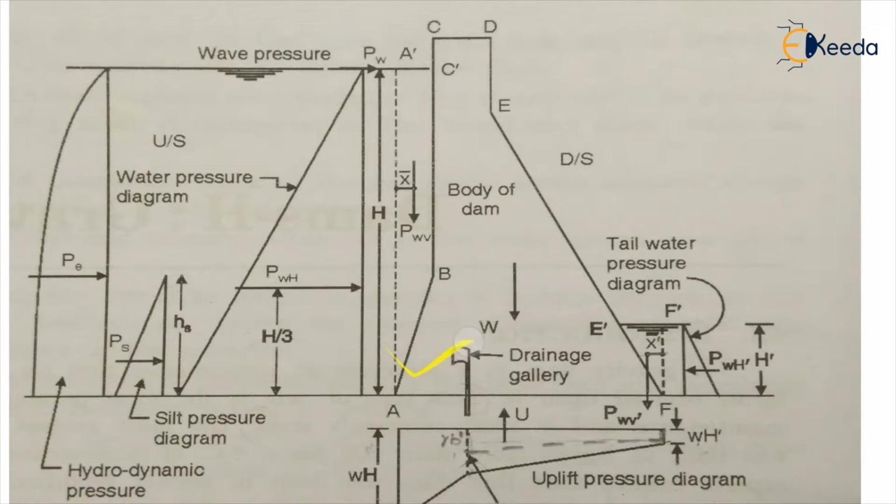Then you can see on the upstream side, the first major force is the water pressure, which exerts pressure horizontally on the body of the dam. As the dam is constructed for storing water in maximum amount, the reservoir is constructed to store the maximum amount of water, so this water pressure continuously acts on the upstream side of the dam.